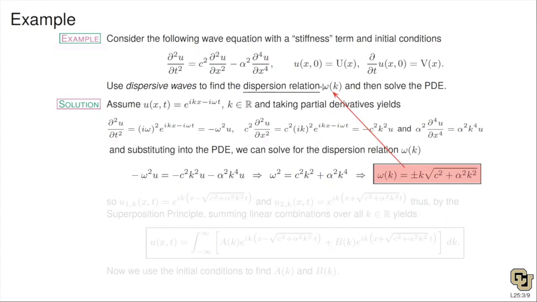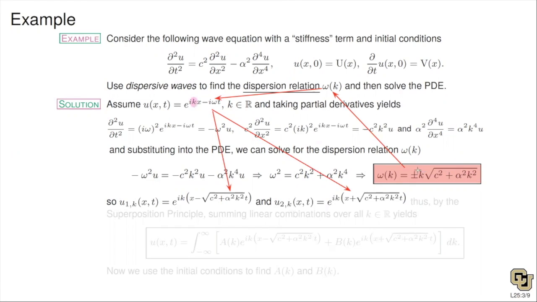So that's no problem. I'm now going to plug it into our dispersive wave, and we'll get, basically, our basis of solutions is two dispersive waves. And here I factored out, so the omega has a k in it. So here, there's this k right here. Maybe I'll use a brighter color. There's this k right here.